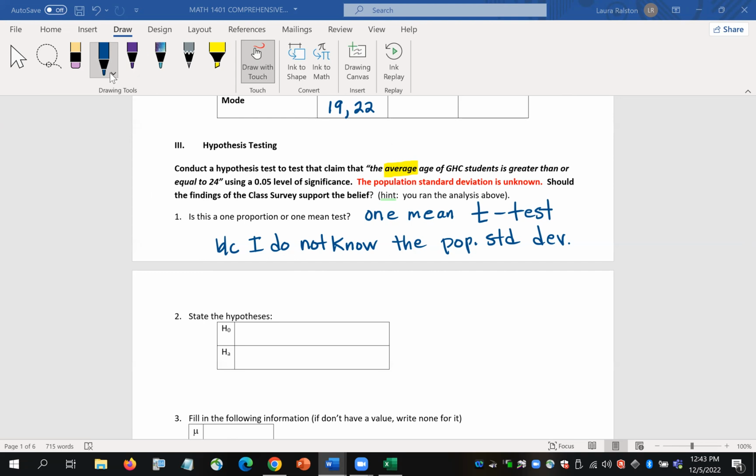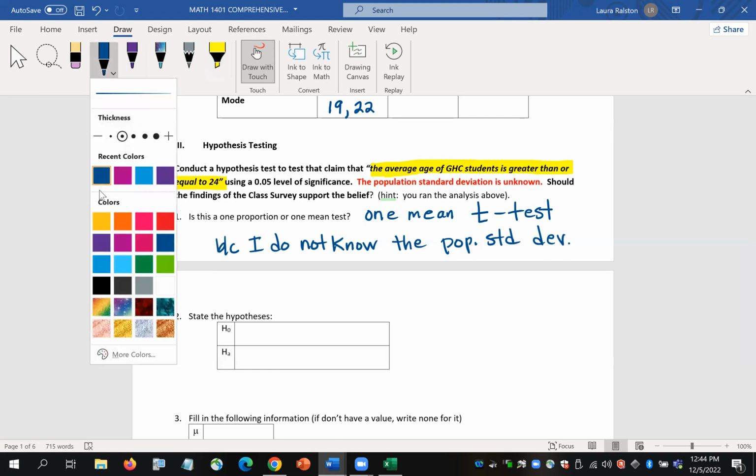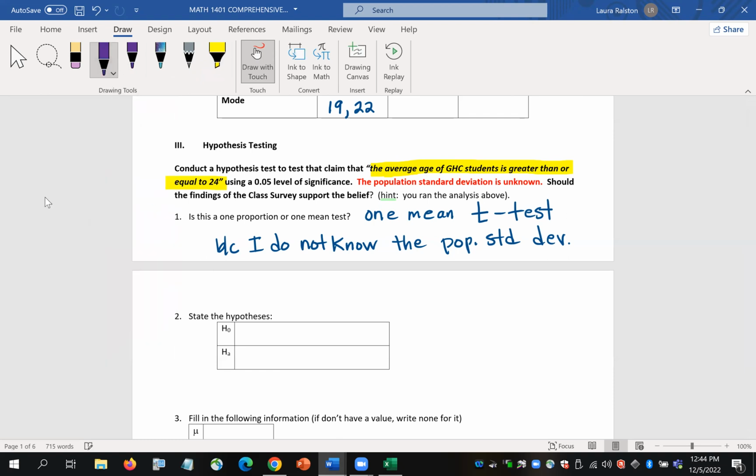It says conduct a hypothesis test to test the claim. So there should be absolutely no doubt what your claim is, because it clearly says test the claim that the average age of GHC students is greater than or equal to 24 using a 0.05 level of significance.